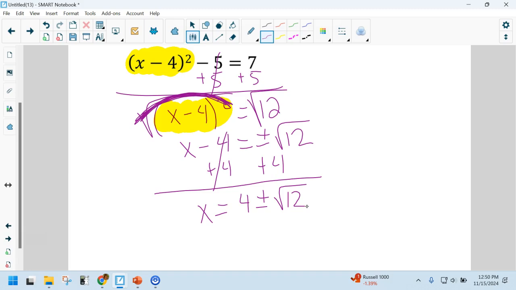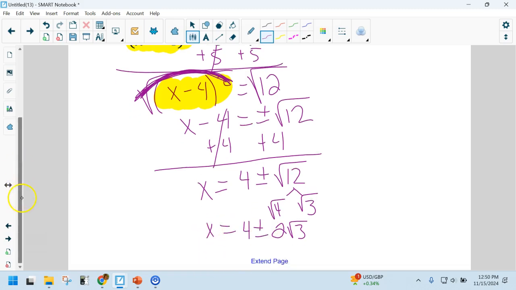But the 12 is not simple enough, so we do still want to break that radical down. 4 goes into 12 3 times, and because 4 is perfect, it comes out of the radical as a 2 root 3, and then we just leave that 4 plus or minus.